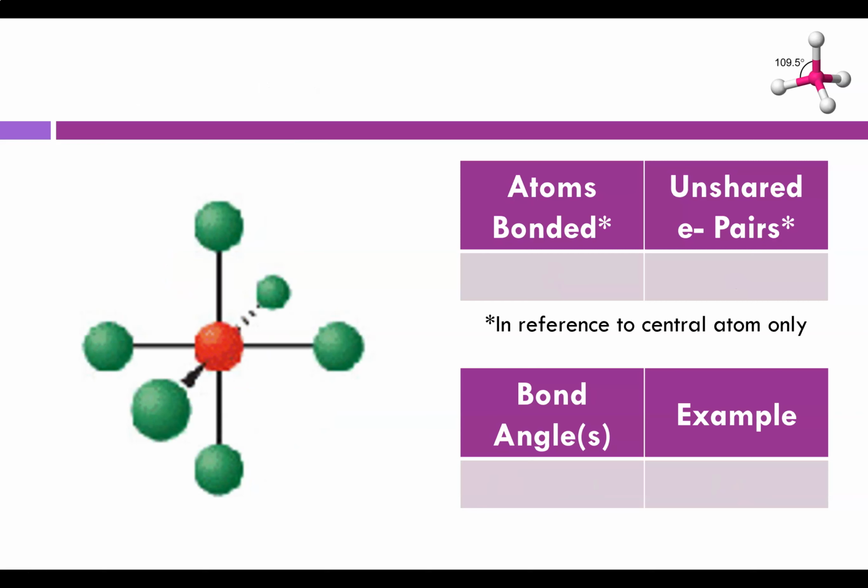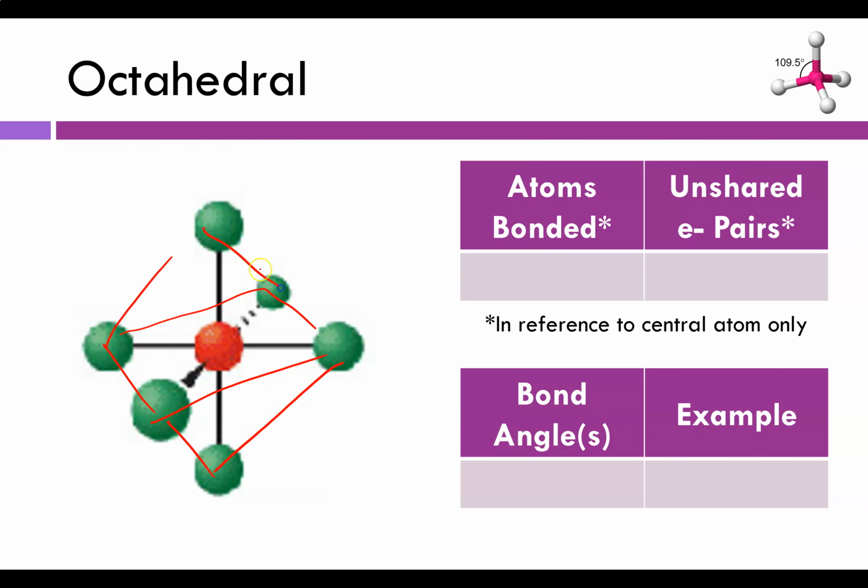So the last shape that we're going to talk about is this one. And it has an octahedral geometry. If you were able to connect the atoms, you would see that this is like 8-sided, hence octahedral. So 6 atoms bonded to the central atom, no unshared pairs of electrons on the central atom. All of our bond angles are at 90 degrees.